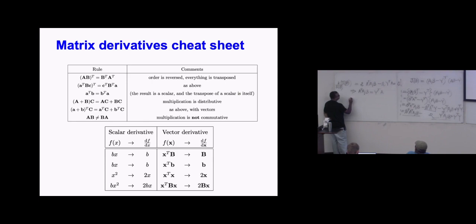And then beta is essentially, did I make any mistake here?